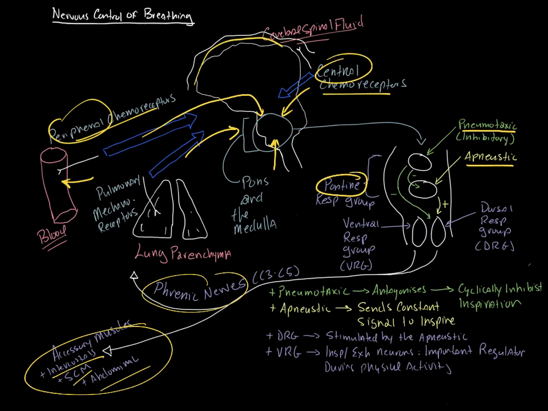In general, the pneumotaxic center tends to be inhibitory, and the apneustic center tends to send a constant signal to inhale. So this tells us to inhale. The pneumotaxic center then sends inhibitory information. And so you need to have a balance between positive and negative, to inhale, exhale.